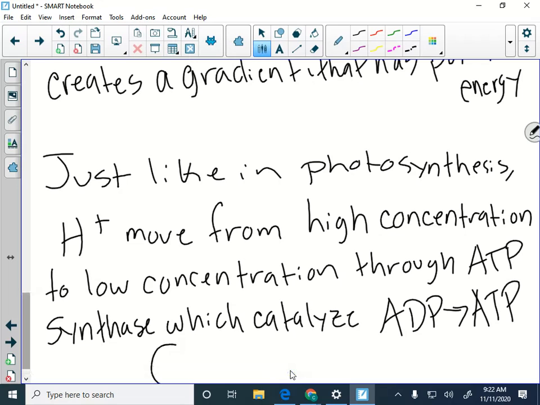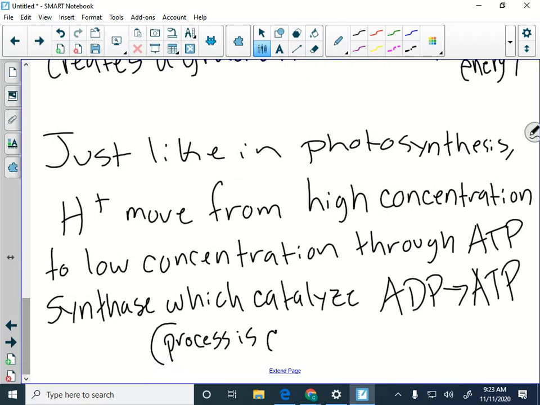This process of using the gradient through ATP synthase is called chemiosmosis. Just as a little vocab word for you.